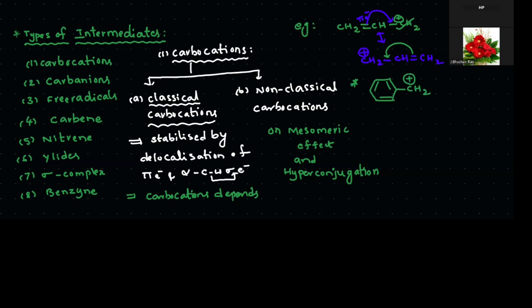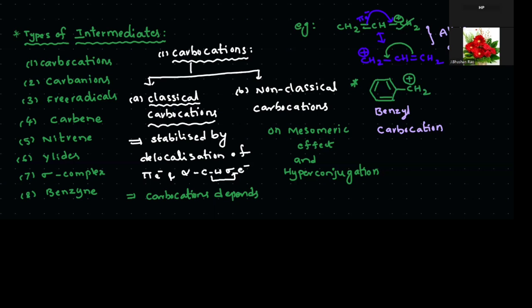The above one is called allyl carbocation, and this one is benzyl carbocation.